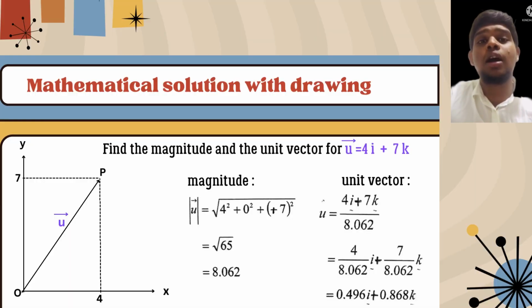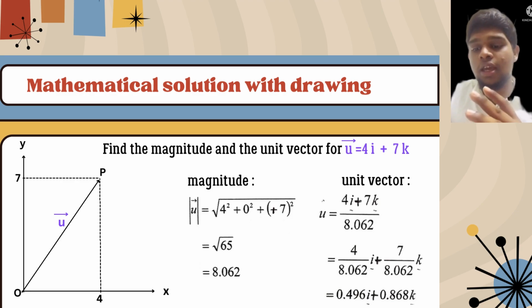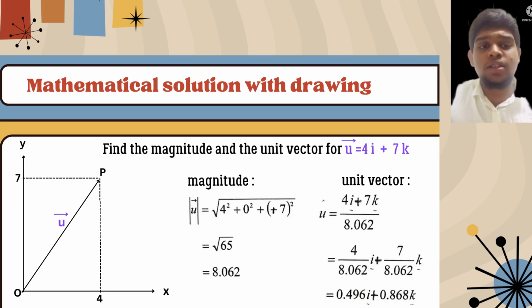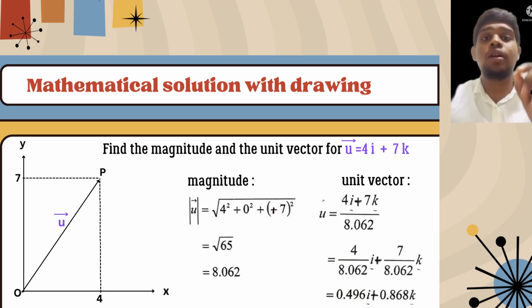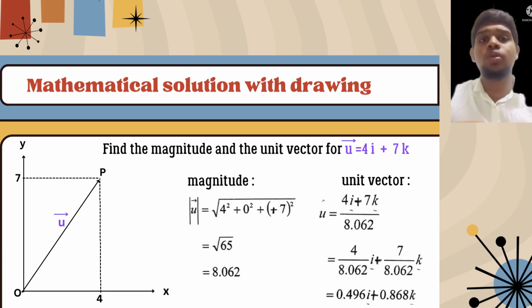Right now, I would like to explain how to find the magnitude and the unit vector. Before you do that, you have to apply the formula, that is the square root of x squared plus y squared plus z squared. You have to know that so that you can apply it to find the magnitude of the vector.